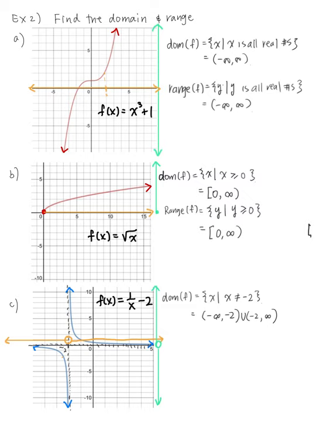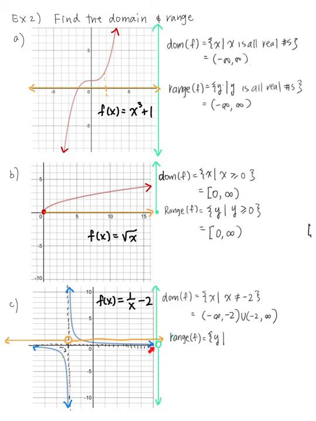So what is our range going to be? Our range is going to be the set of all y values such that, the only problem point, right? Look at this green line here. They're all real numbers except for when y is 0.